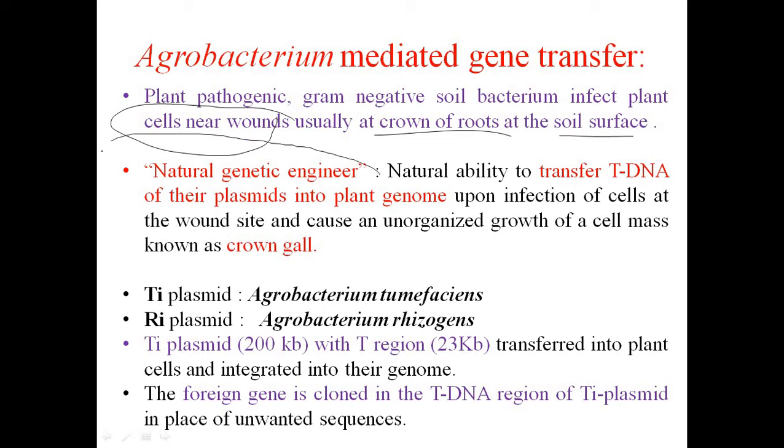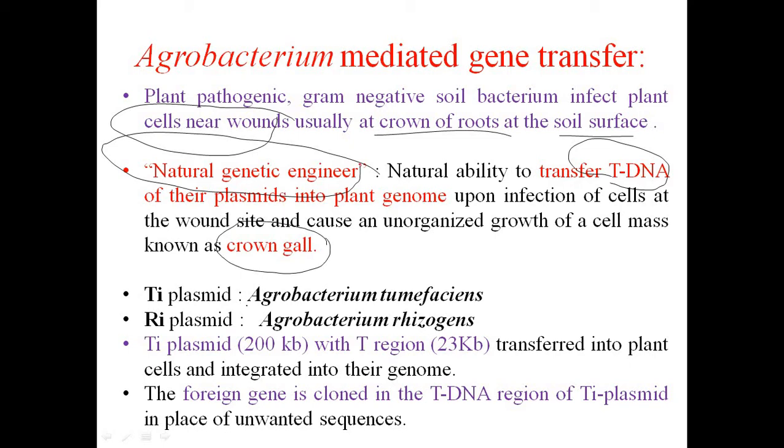This is natural genetic engineering because it has the ability to transfer the T-DNA, which is part of a Ti plasmid that is naturally present in Agrobacterium cells, and it forms a crown gall.